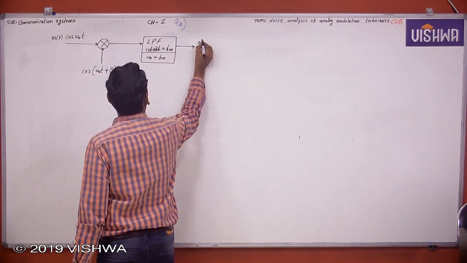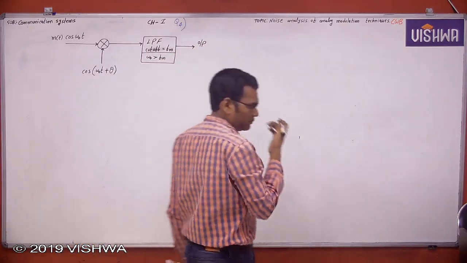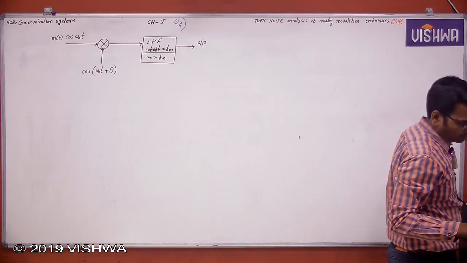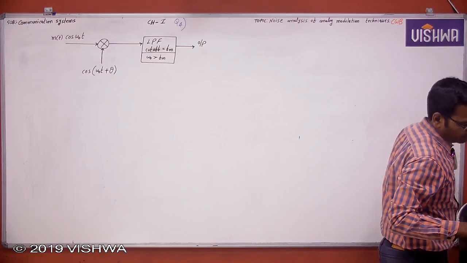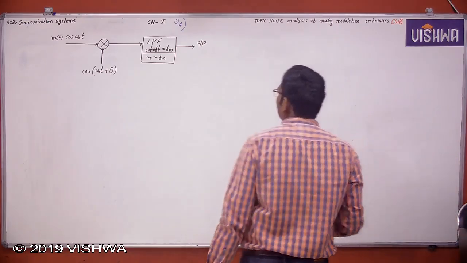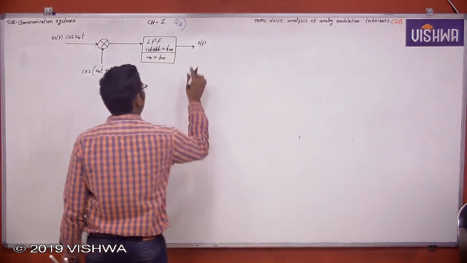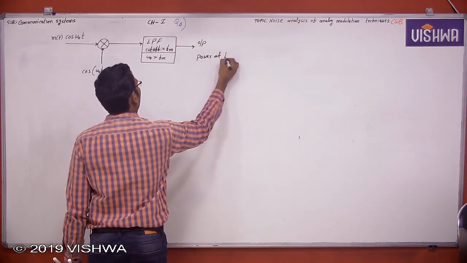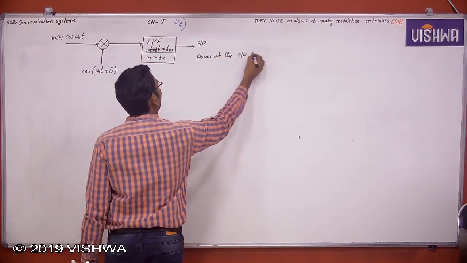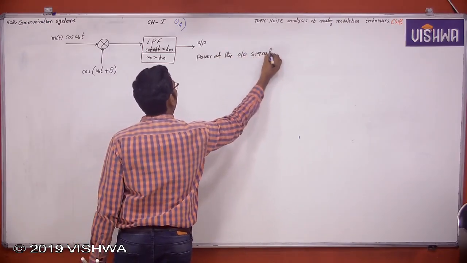And this is the output. Now he is asking for the power at the output signal, the power of the output signal. This is the question he is asking.